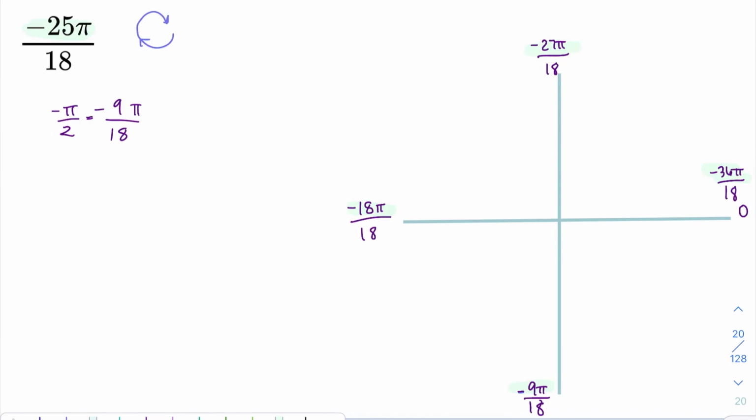Okay, I'm not actually going to graph this because I want you guys to graph it on your own, but I'm going to talk you through it. I know it needs to be in quadrant 2, because that's the quadrant right here where we've got between 18 and 27. So I'm going to put my initial side on the positive x-axis, and then I know I'm going to be ending up in this quadrant somewhere. How do I figure out exactly where?